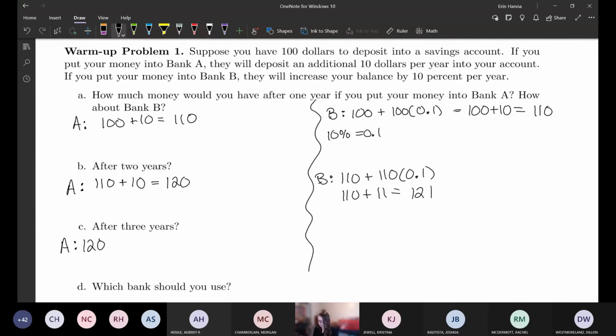So where was I? Third year, your beginning balance is 120, and then they tack on an extra $10 at the end of the year.